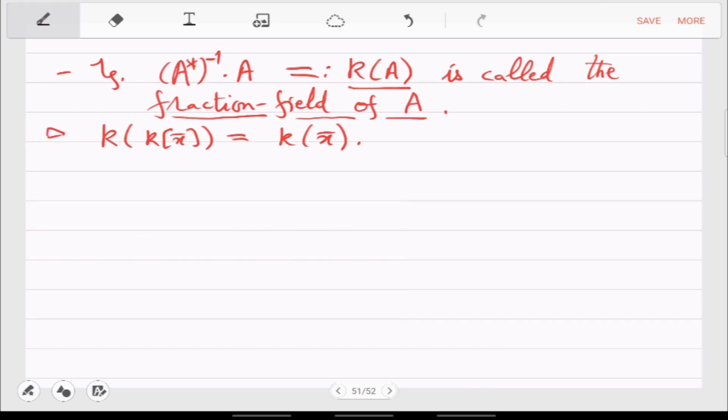Previously 1 over x1 was not there, now you have 1 over x1, that's the thing you wanted. All the rational functions are there.